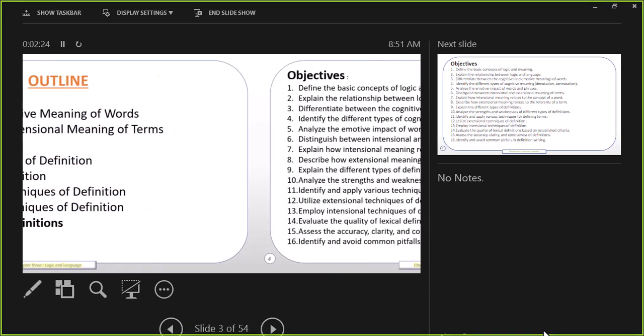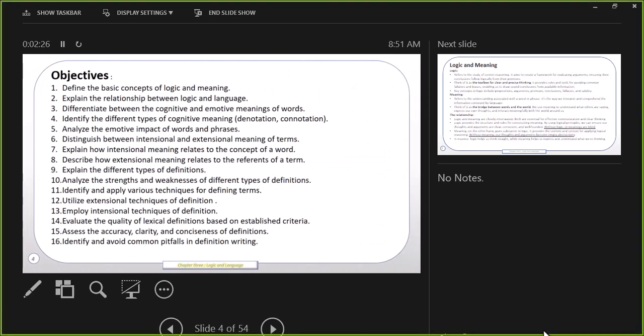The objectives of this chapter, among others, are to define the basic concepts of logic and language, explain the relation between logic and language, differentiate between cognitive and emotive meaning, identify the different types of cognitive meaning, analyze the emotive impact of words, distinguish between intentional and extensional meaning, explain how intentional meaning relates to the concept of a word, describe how extensional meaning relates to the referent of a term, and explain the different types of definitions.